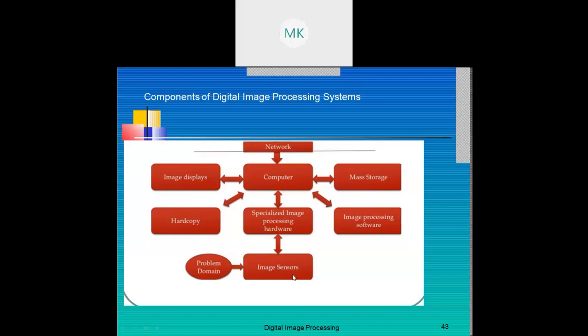The first is a physical device that is sensitive to the energy radiated by the object we wish to image. The second is called a digitizer. The digitizer is a device for converting the output of the physical sensing device into digital form. So two devices are required in the case of image sensors: first a physical device and second a digitizer.